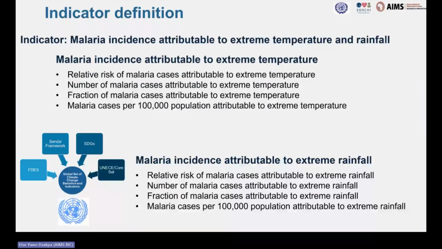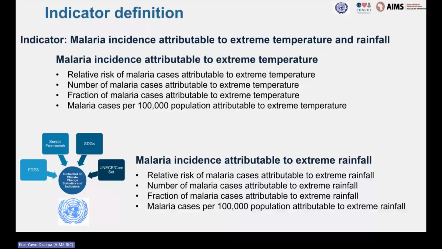Based on those goals, we are developing indicators. For malaria cases, we have two: malaria incidence attributable to extreme temperature, and malaria incidence attributable to extreme rainfall.